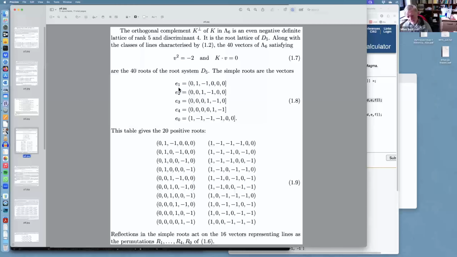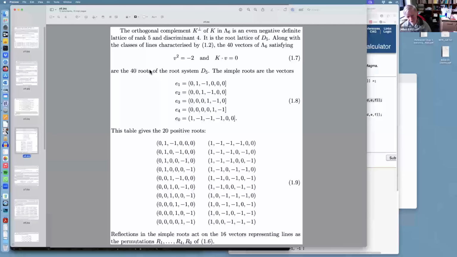Yes, and that means that if I draw a graph I get the Dynkin diagram: E1 joins to E2, E2 joins to E3, E3 joins to E4, and this E0 joins to E3.